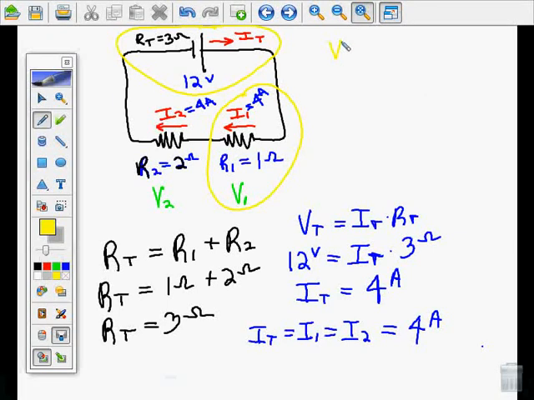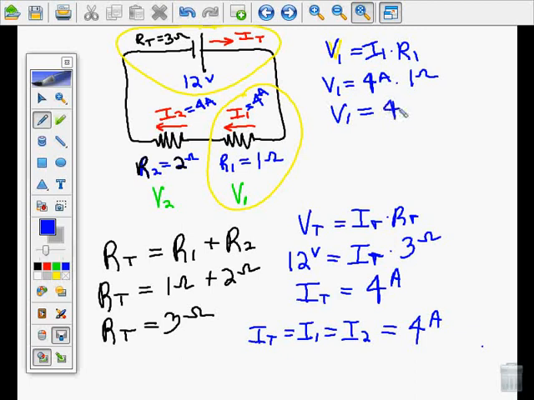V1 equals I1 times R1. V1 equals I1. What's I1? 4 amps. And what's R1? 1 ohm. So what's V1 going to be? 4 volts. Okay. And then what about V2 equals I2 times R2?